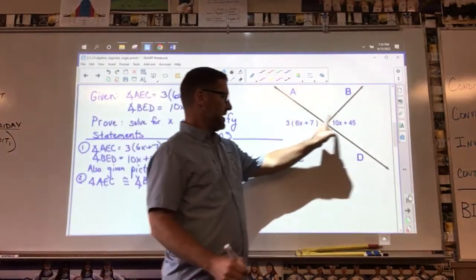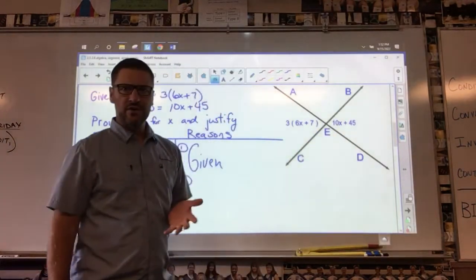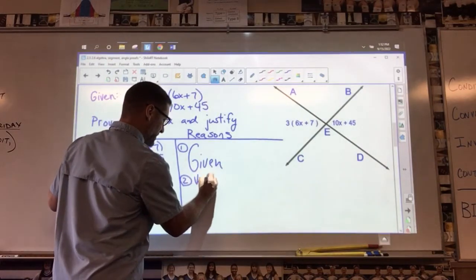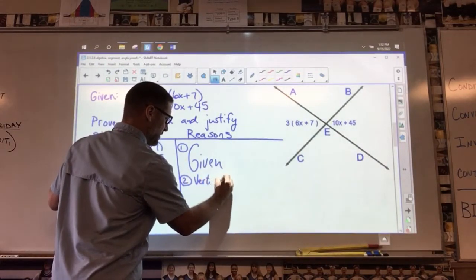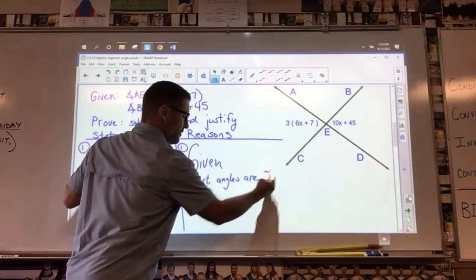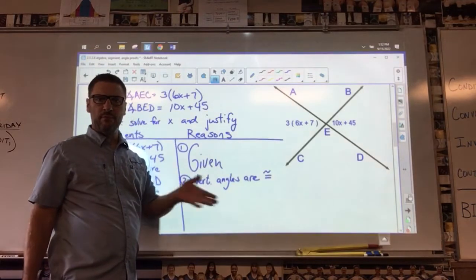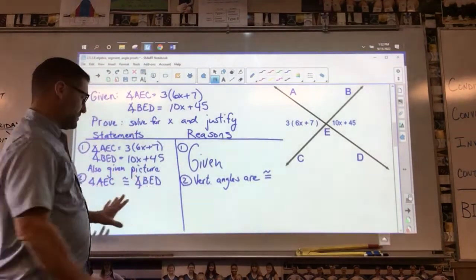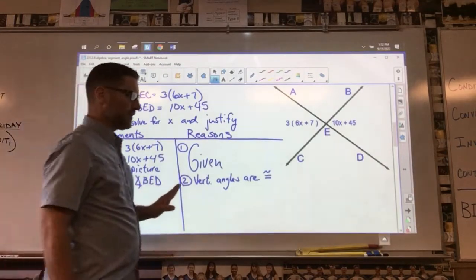And the reason I could say those two angles were congruent is because they are vertical angles. And my geometric rule here is vertical angles are congruent or equal. Their measures are equal, or the actual physical figures are congruent. So I just put they're congruent.